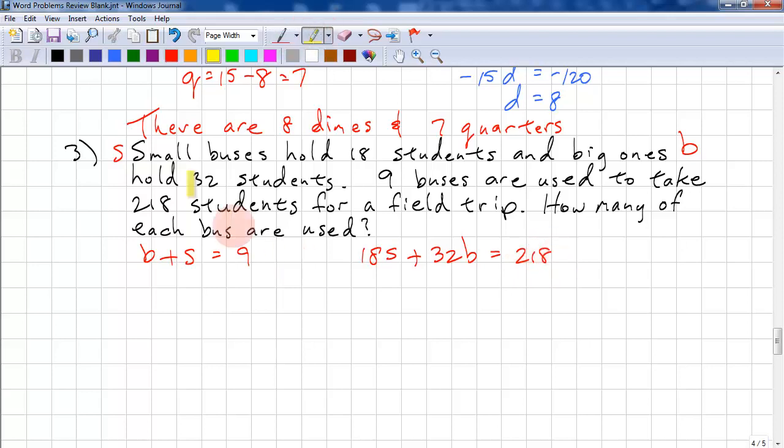Okay, so things I'm looking at are small buses hold 18, big ones hold 32. There's 9 buses, and there's 218 students.